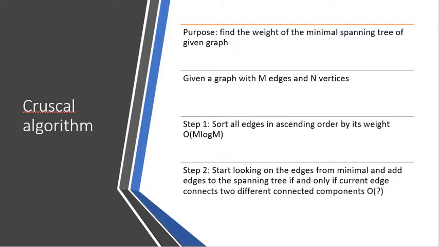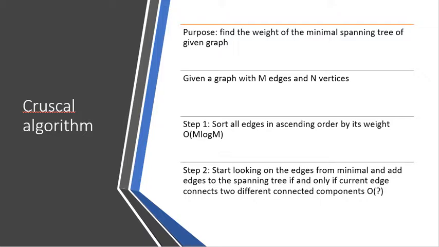Given a graph with m edges and n vertices, each edge has its own weight. We should construct the minimal spanning tree, the spanning tree that has minimal weight. Step 1: sort all edges in ascending order by weight.